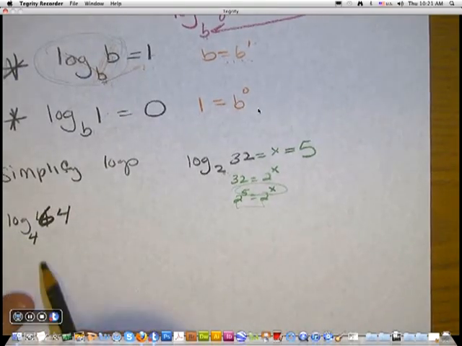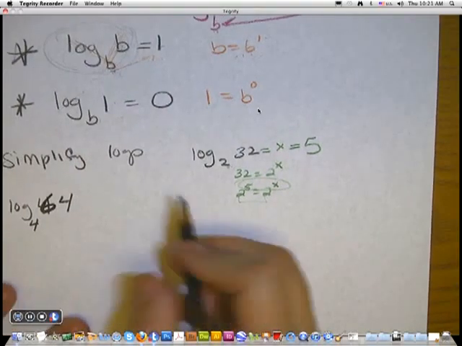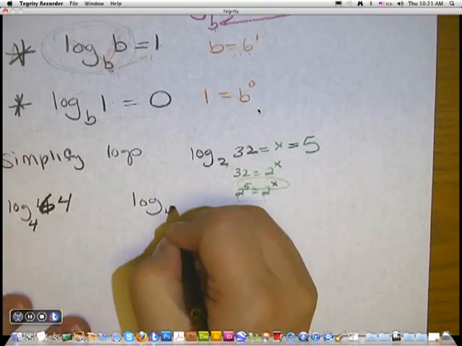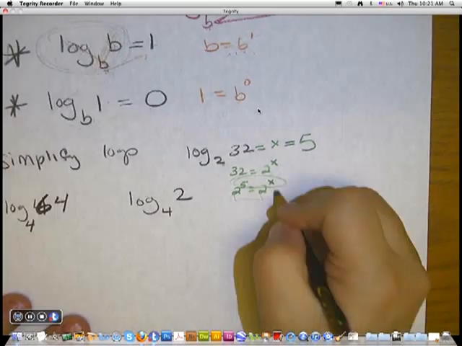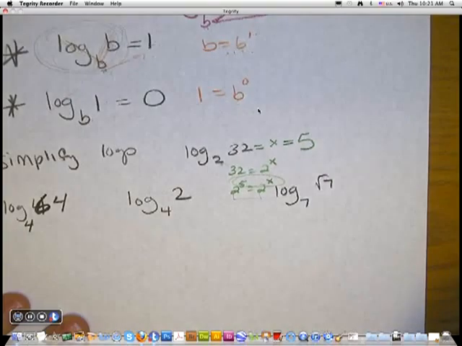What's its value? What exponent on 4 gives me 64? We'll come back to it. Here I have log base 4 of 2. Log base 7 of the square root of 7.